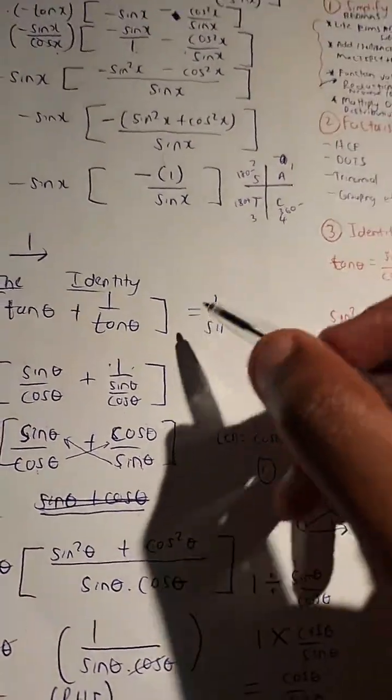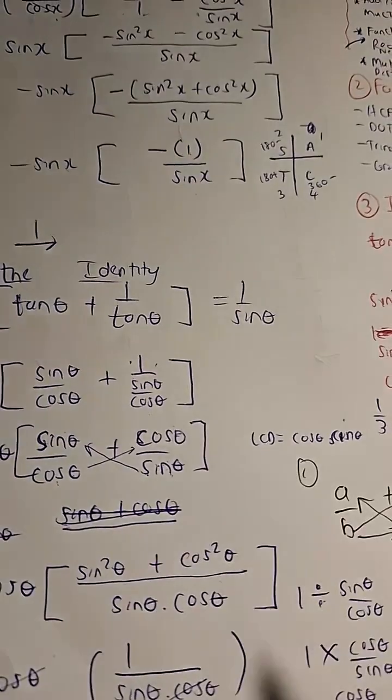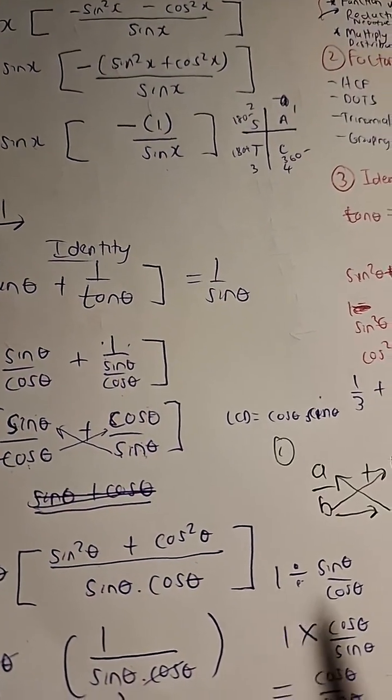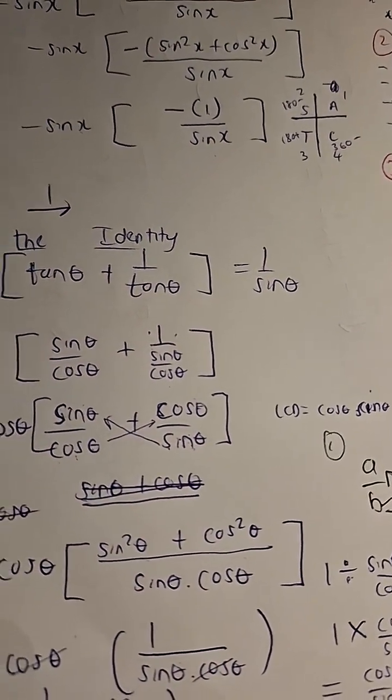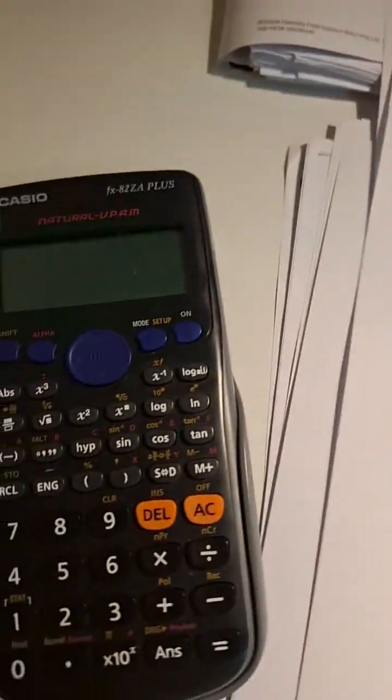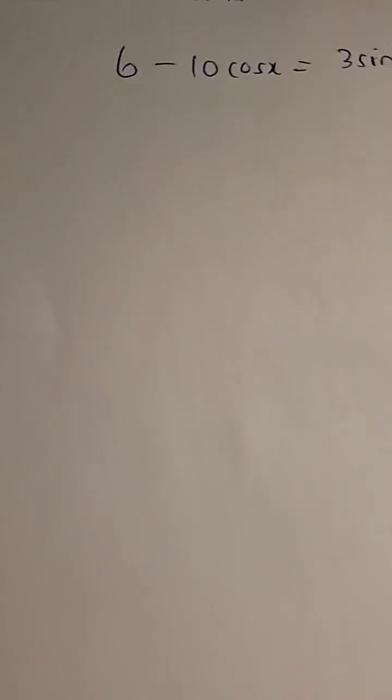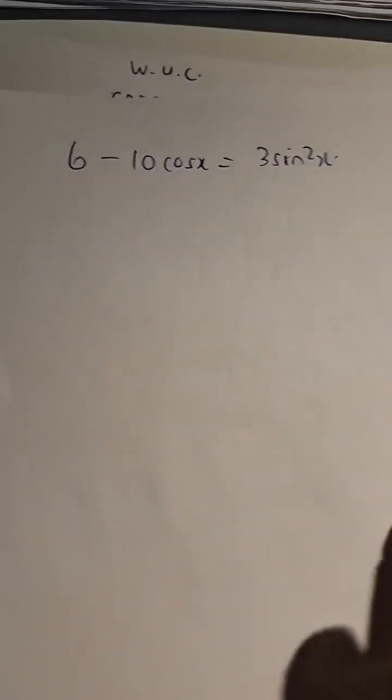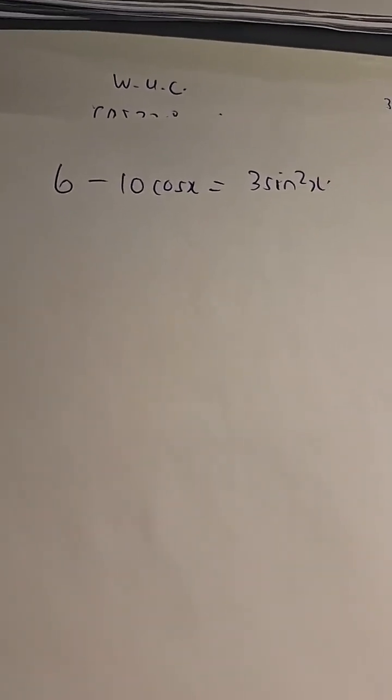Remember when they say for which the identity is undefined, you need to look at the denominator, because undefined has to do with, you can't have denominators being equal to 0, right?